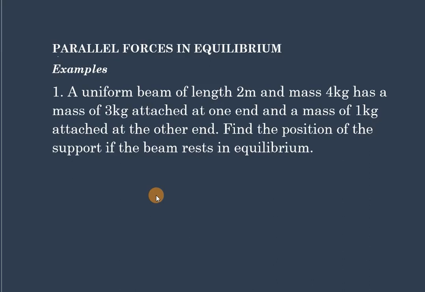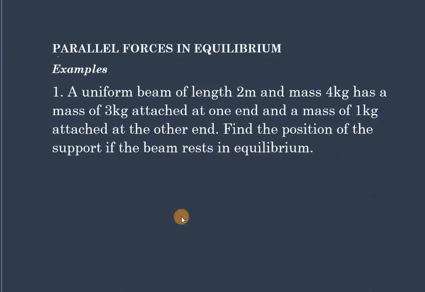And the other thing is that the sum of moments in the clockwise sense should be equal to the sum of moments in the anti-clockwise sense, provided you are taking the moments about the same point. Those are the conditions we are going to be using for parallel forces in equilibrium.